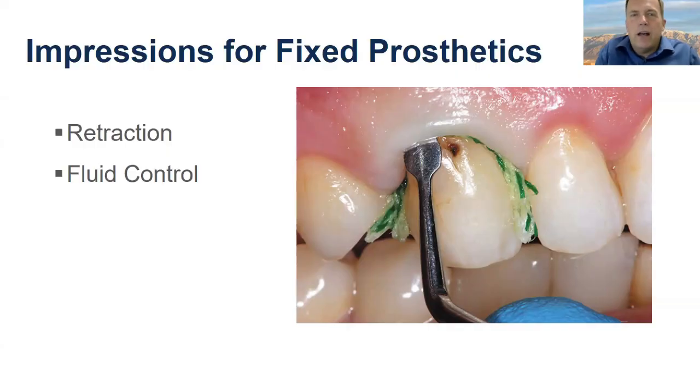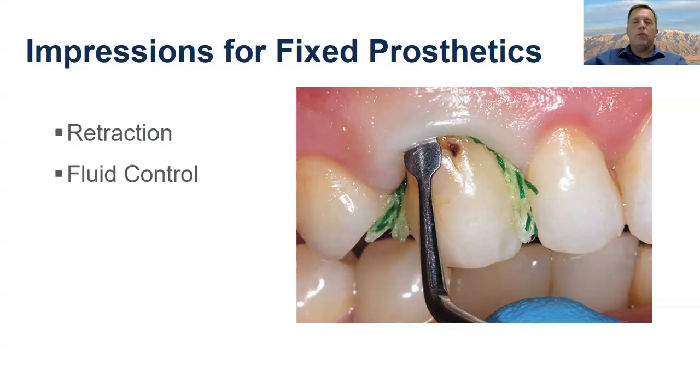Another good question. Will a custom tray give better detail and adaptation for a full arch impression for fixed pros? I would say usually, especially if you take a good preliminary impression, because then we're going to get nice adaptation.